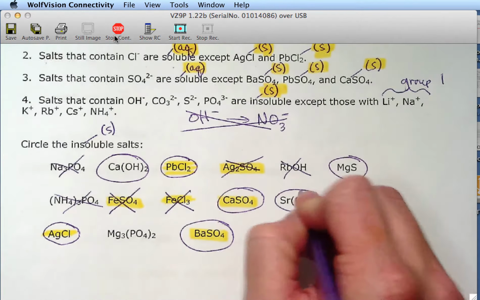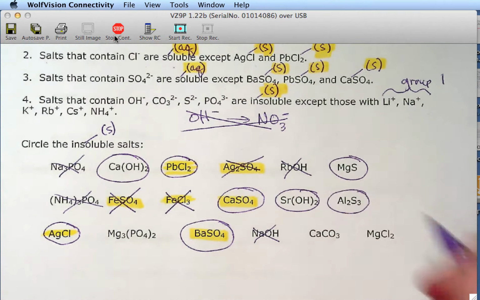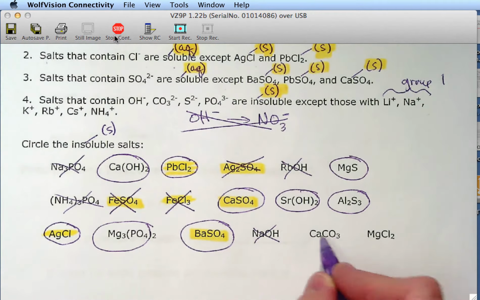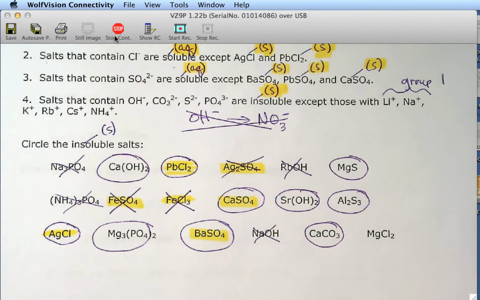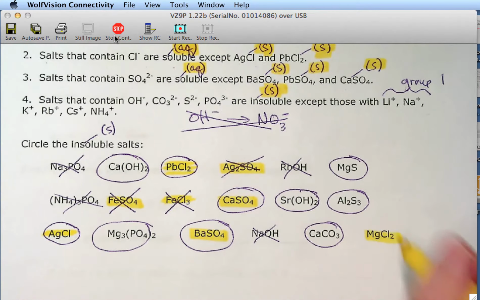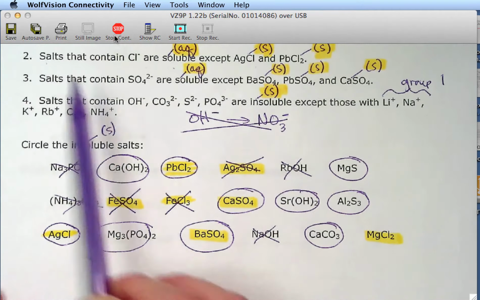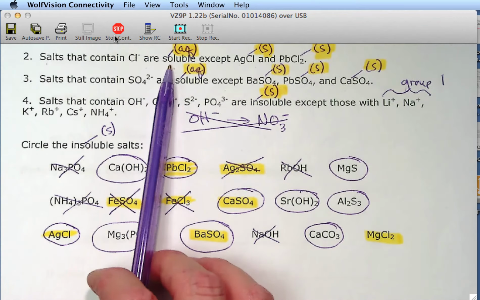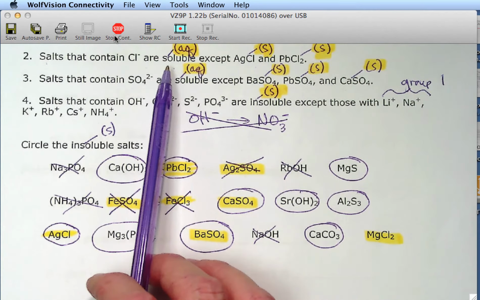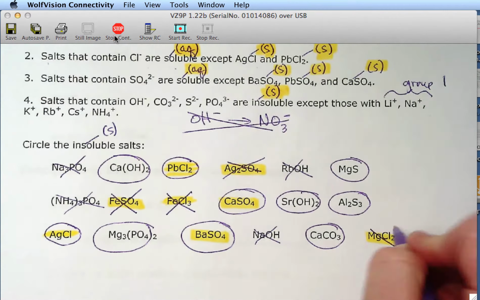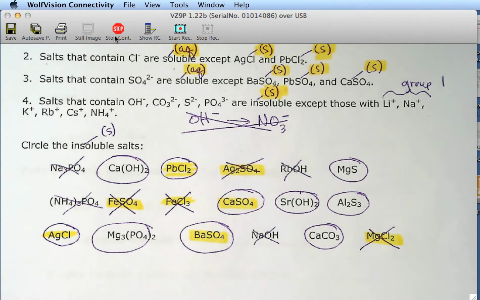So strontium hydroxide insoluble, aluminum sulfide insoluble, magnesium phosphate insoluble, calcium carbonate insoluble, magnesium chloride. So, oh, I missed this chloride. We've got to go back to our chloride rules. Salts that contain chloride are soluble except for AgCl and PbCl2. So cross it off. Good.